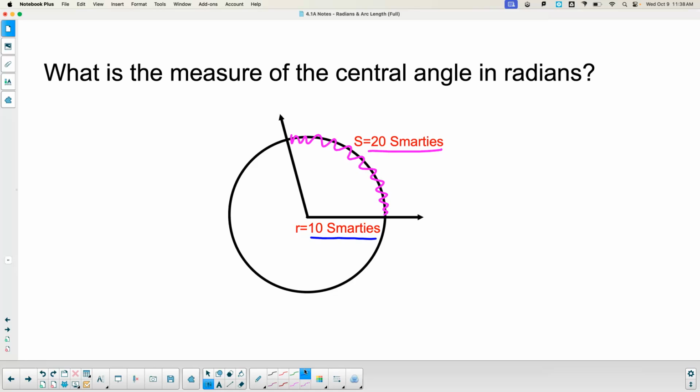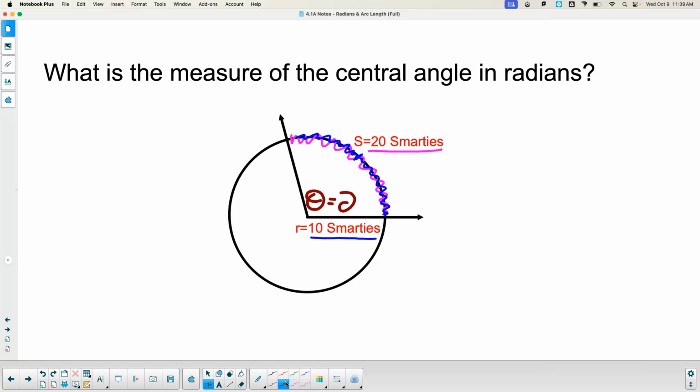I need 2, right? Because 2 times 10 is 20. So that means that I would have 2 radii to go through there. So that means that my central angle theta here is what radian measure? It's 2 radians. Yep, because I went 2 radii to get that arc length.